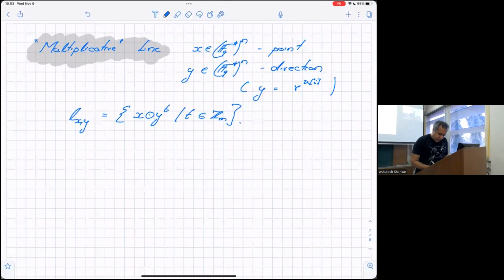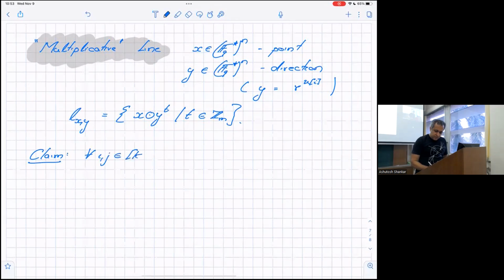Let me do one small claim. Once we see that claim, the decoder will be clear. We have all the ingredients with us. What I want to say is, for all i, j in K, these are the matching vectors. Let x be any element in F_q star to the m and h be any element in Z_m.